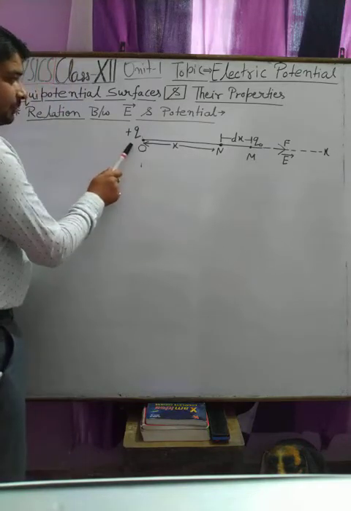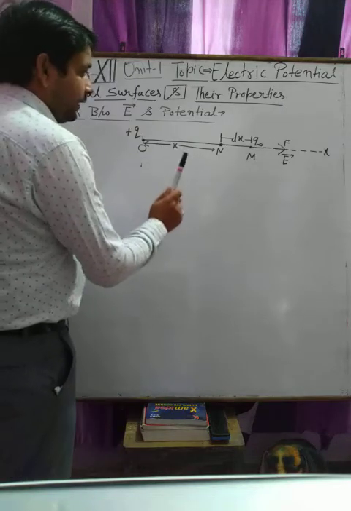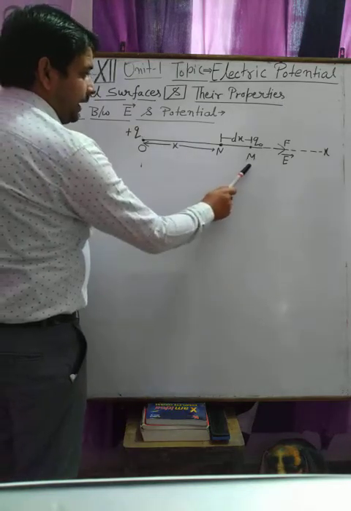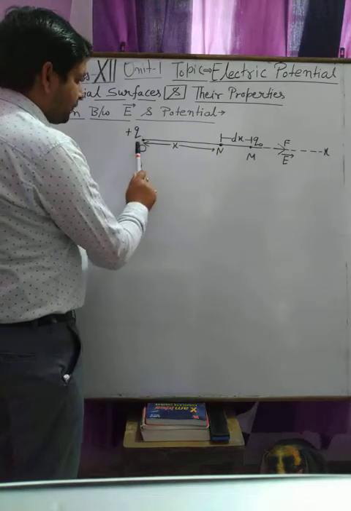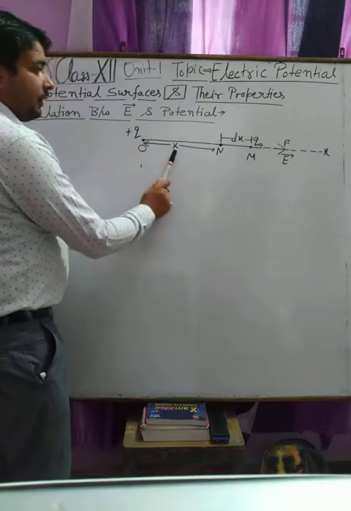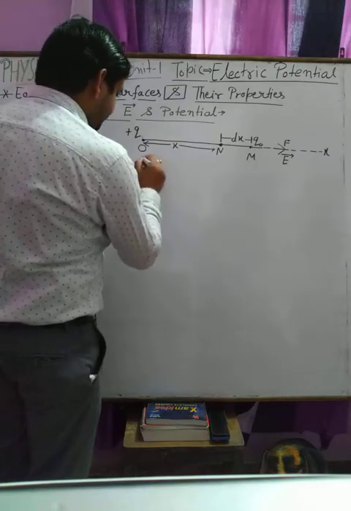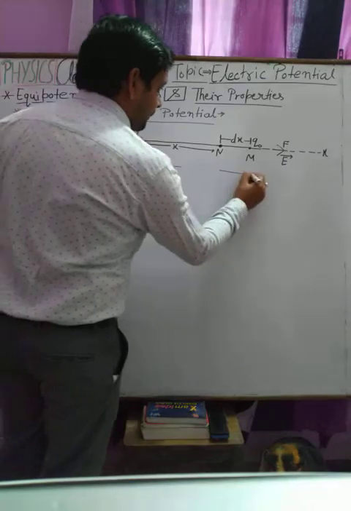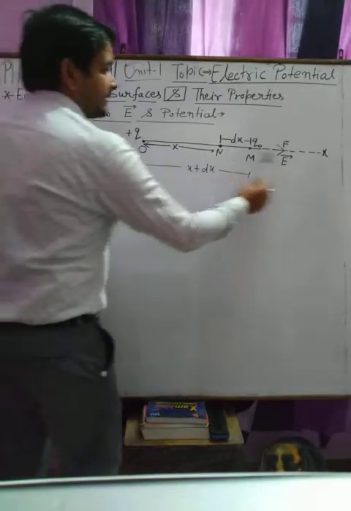a point charge plus Q is kept at point O, and two points N and M are placed at distances x and x plus dx from charge Q on the x-axis.